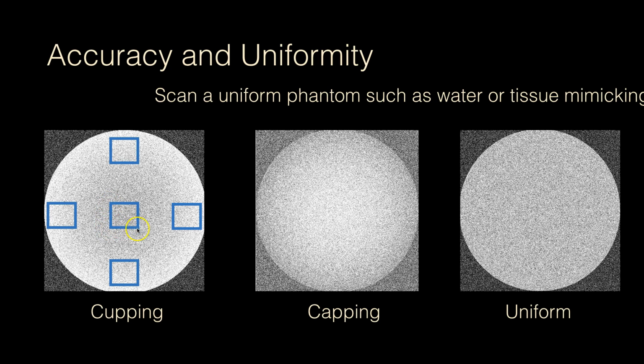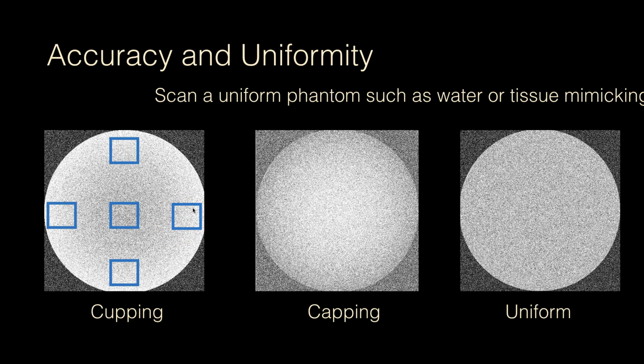So we often look at the difference between the center and an average of the outside regions of interest in order to define the uniformity. So if there's cupping or capping, we will have a significant difference between the average values in the center versus the average values at the periphery.